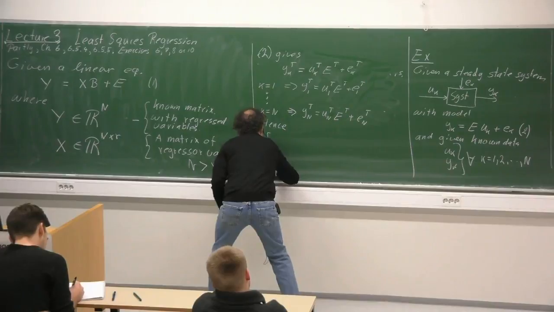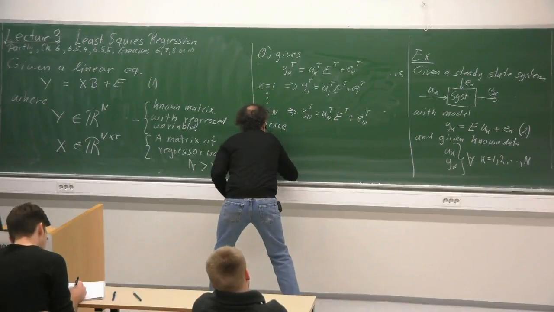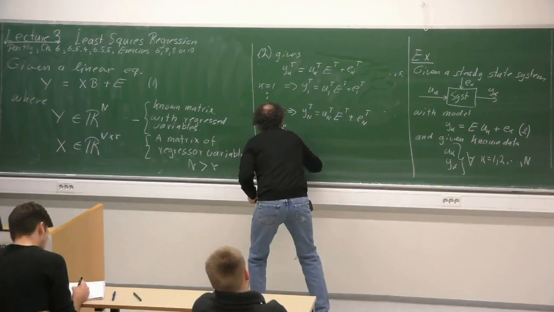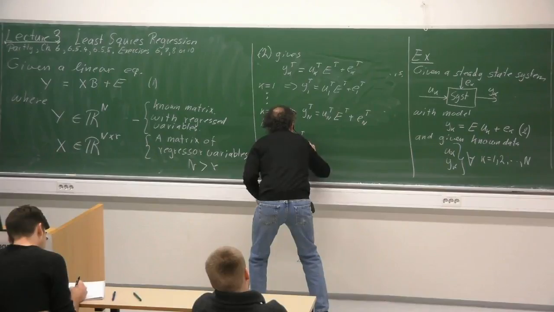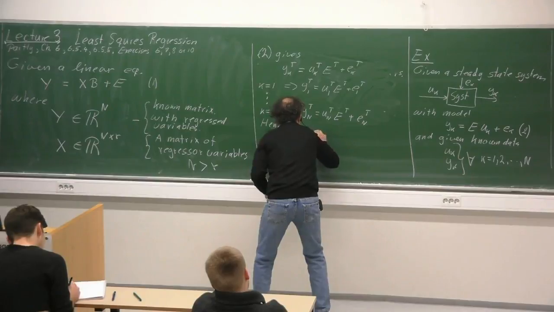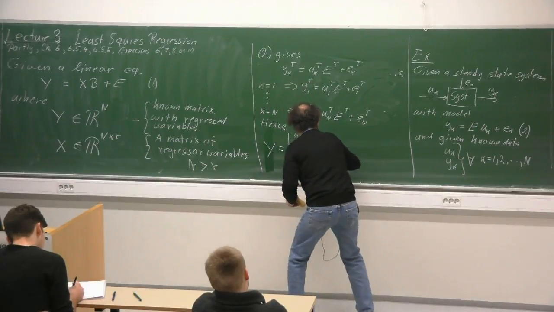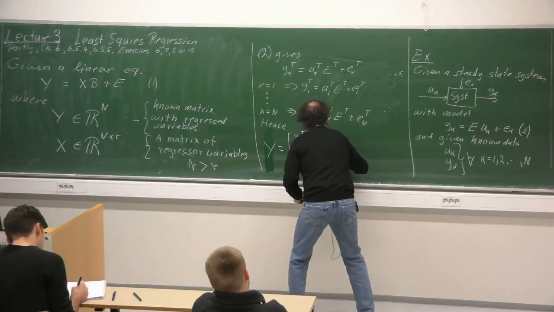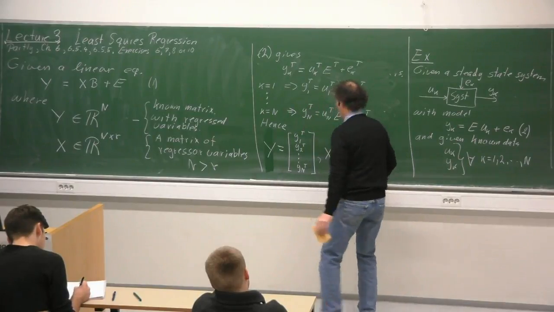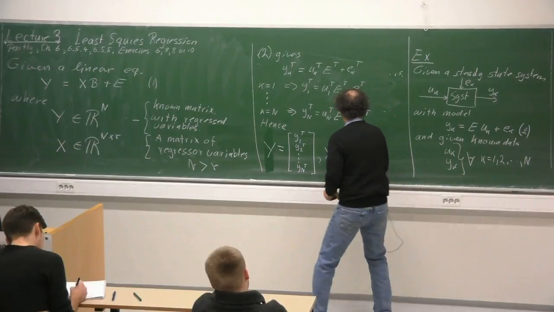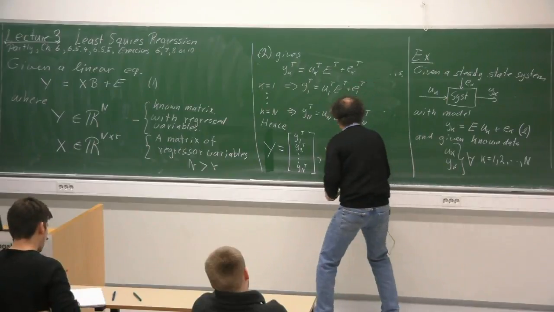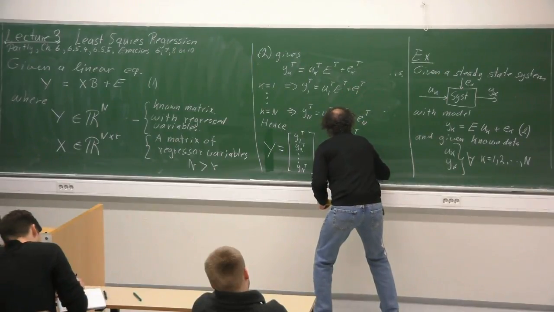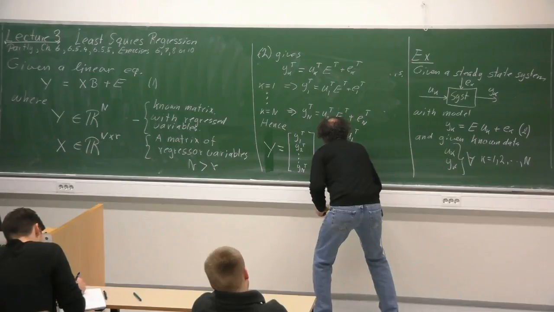You may write data matrix Y equal to y_1 transpose, y_2 transpose, and then the data matrix consists of the inputs, u_1 vector transpose in the first row, and u_n transpose in the last row.